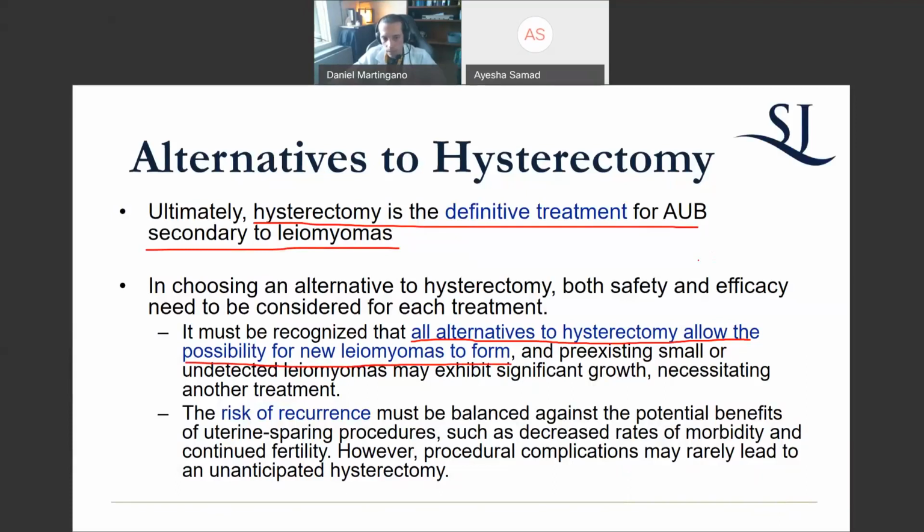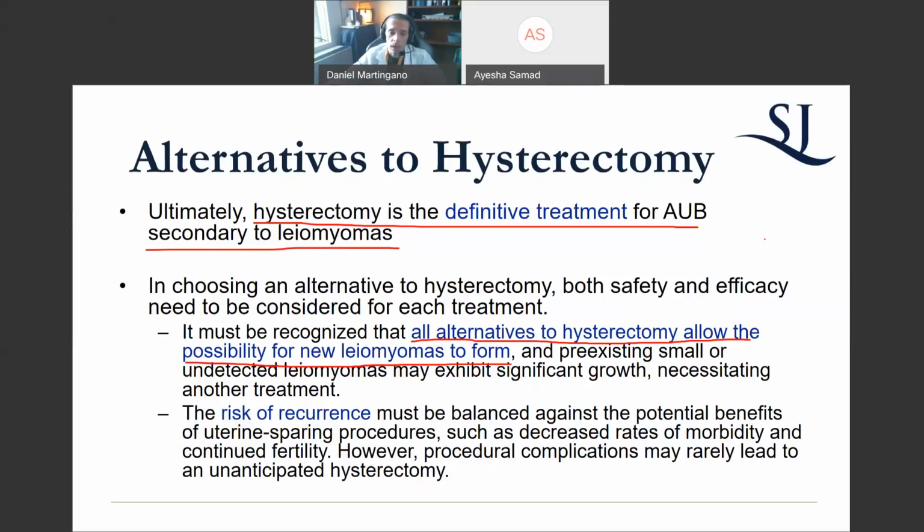They're estrogen responsive, okay? So they can grow new ones, or there may be smaller ones that are undetectable. So you can't promise that an alternative will remove it entirely. And that's often the reason why patients elect for hysterectomy, because they're like, listen, I'm done, and I don't want the possibility of them growing back.